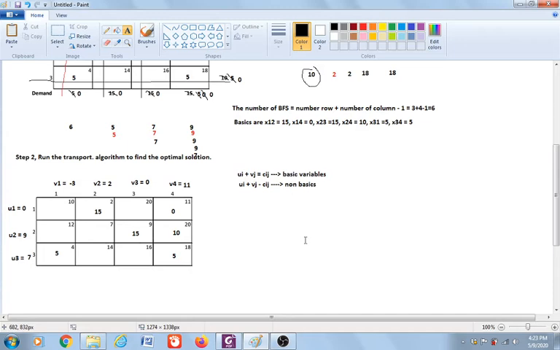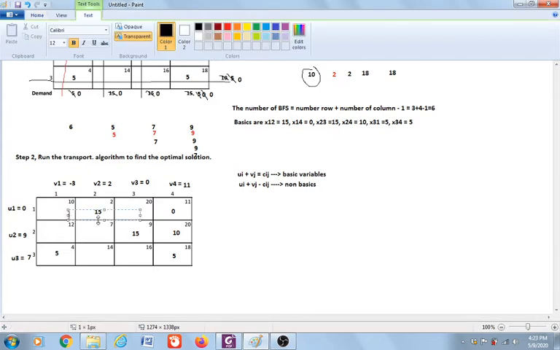Now we're going to calculate ui plus vj minus cij for the non-basic. So 0 plus minus 3 minus 10. So that is minus 13. I'm going to put it over here. I'm going to make it smaller. So that's minus 13.